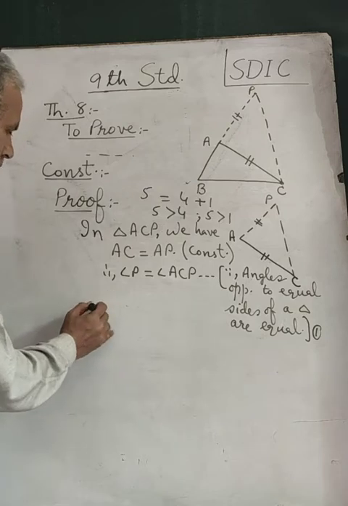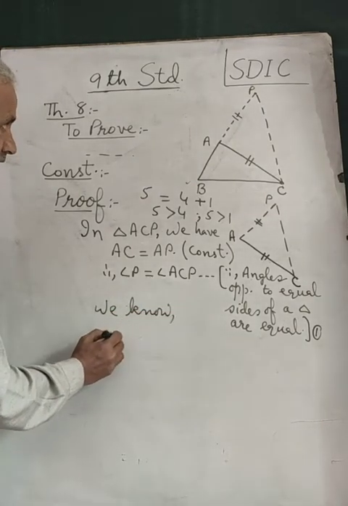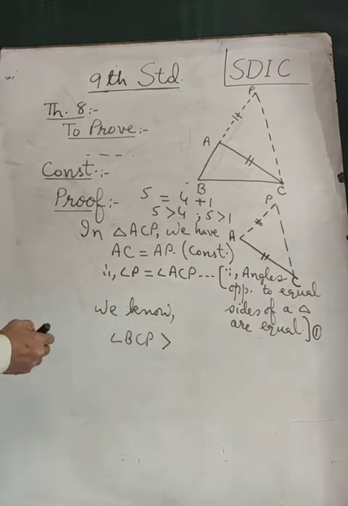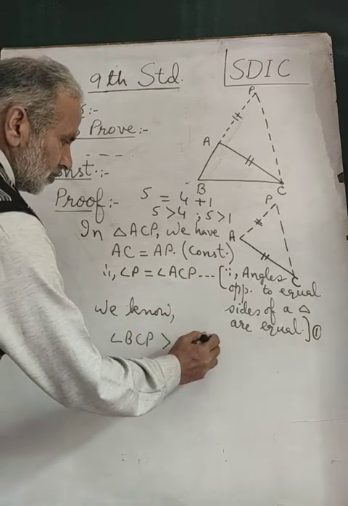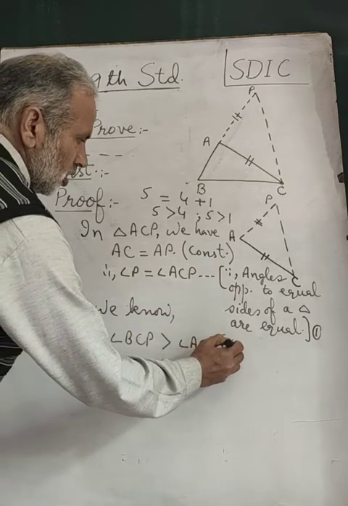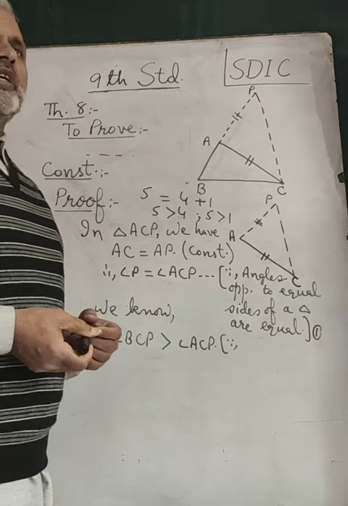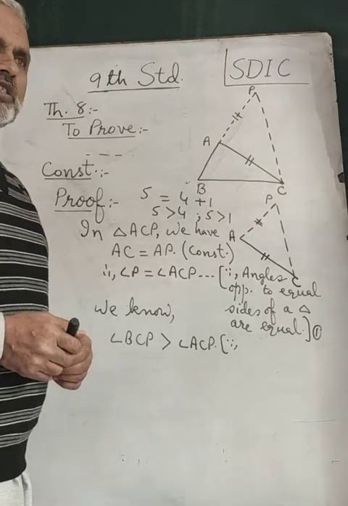You can write, we know angle BCP is larger than, symbol of larger than, angle ACP. What is the reason? Because whole is always larger than the part.